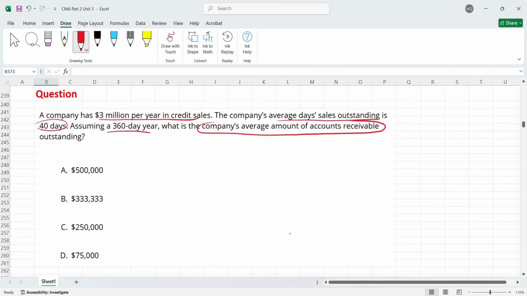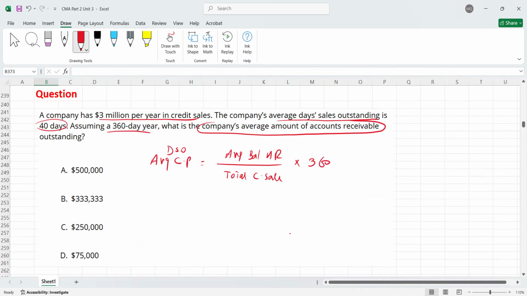Do you remember I told you that when you calculate average collection period, also called days sales outstanding, the formula was average balance of account receivables divided by net credit sales, multiplied by 360 days.